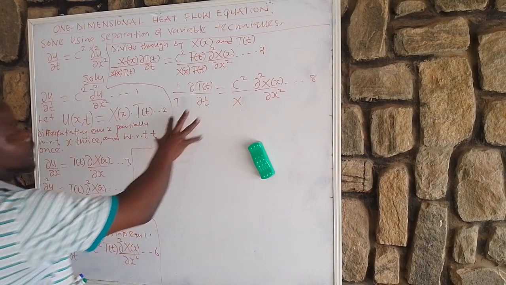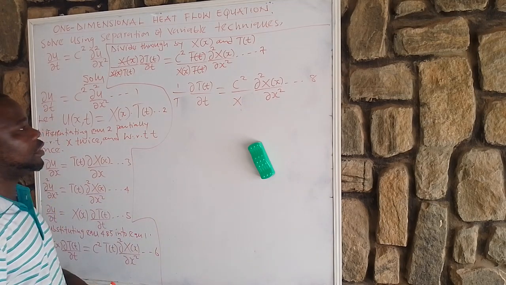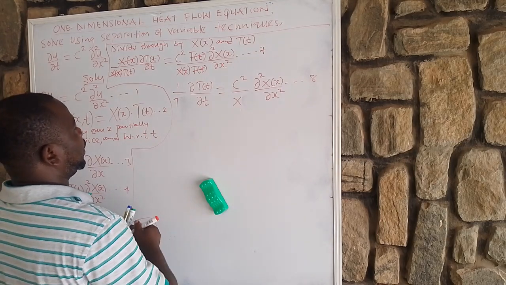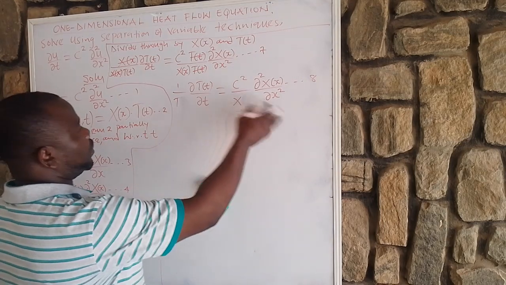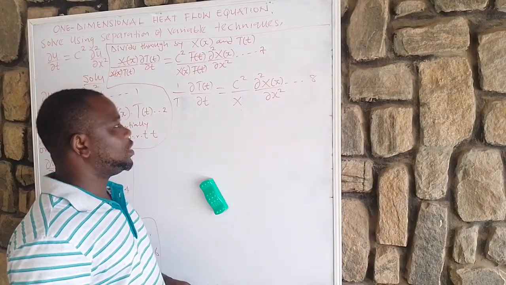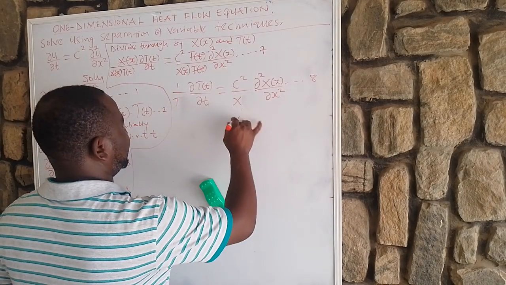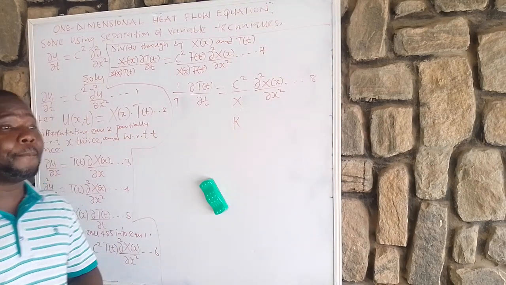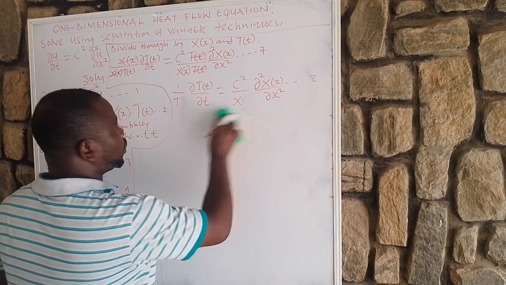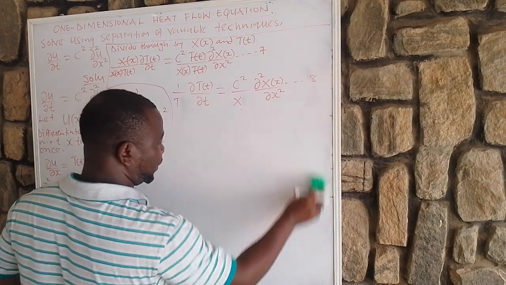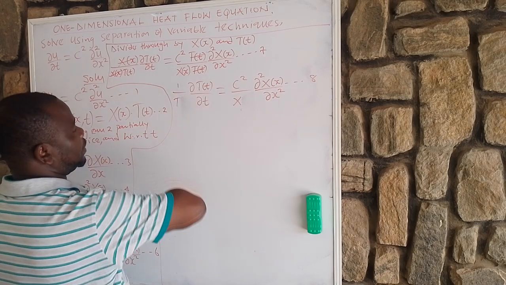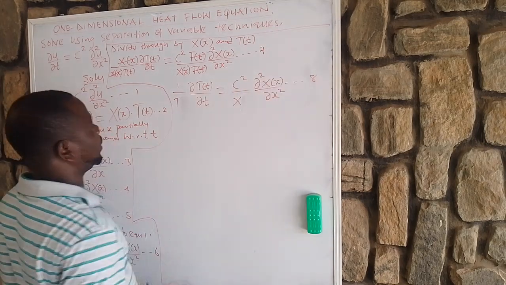As it is, the left hand side is equal to 0, the right hand side is equal to 0. So for that purpose, there will be a constant called k. Is that clear? So for this reason, equation 8 will now give us two differential equations. This is equal to k, this is equal to k.